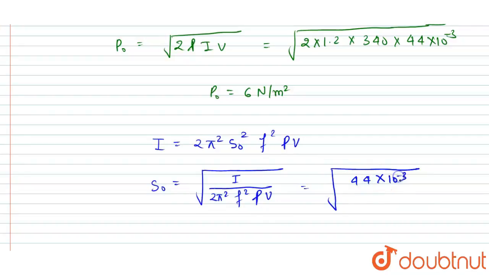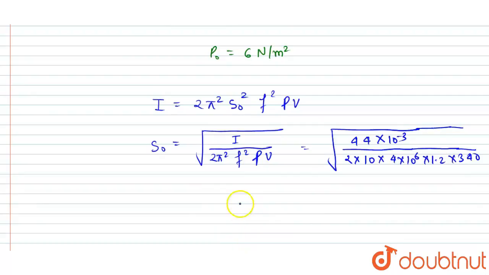So I will write it here, 44 into 10 to the power minus 3, and 2 into pi square I am taking as 10, and as we have seen the frequency is 2000, so I will write 2000 square, so it will be 4 into 10 to the power 6, and density is 1.2 and the velocity is 340. So we have substituted the value of all the quantities.